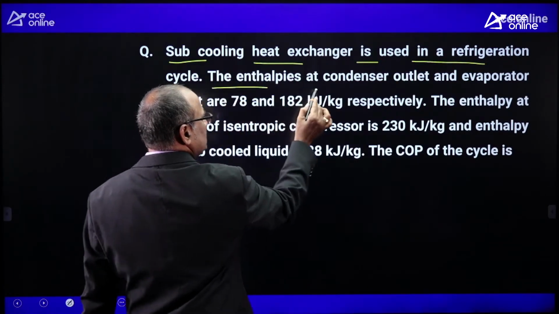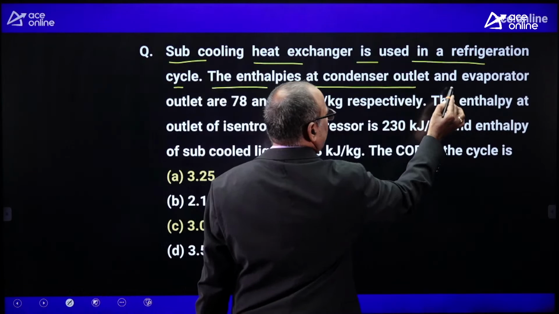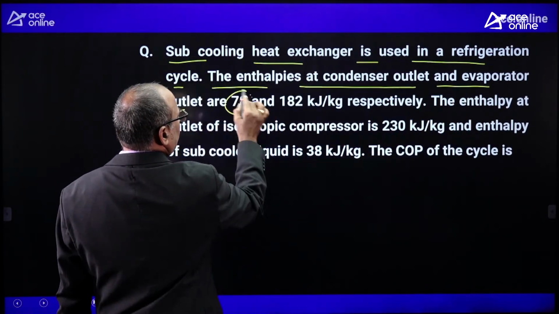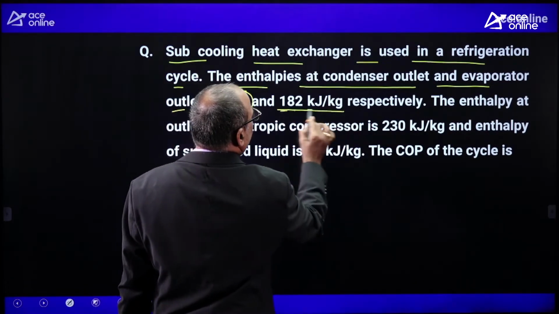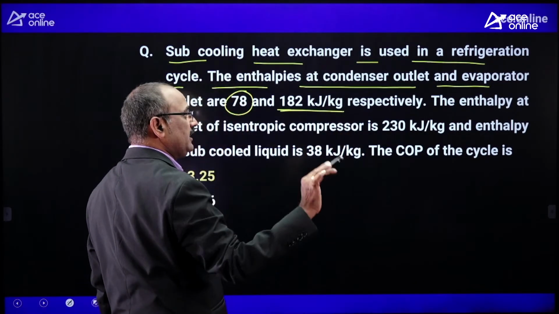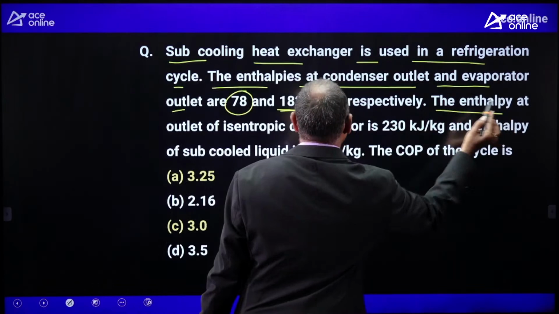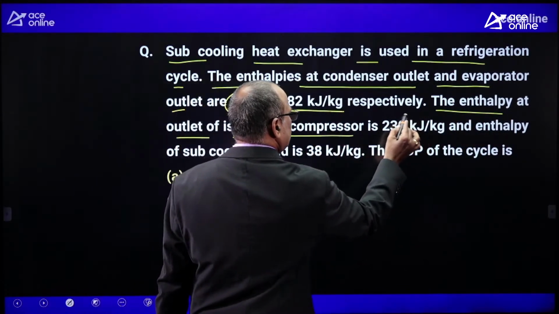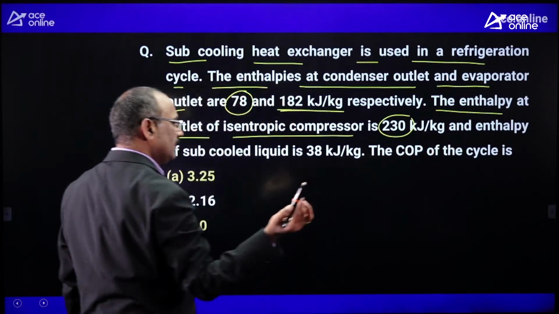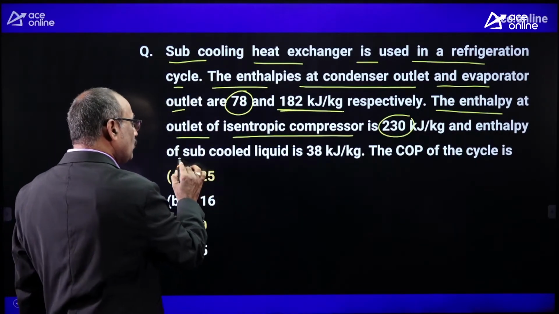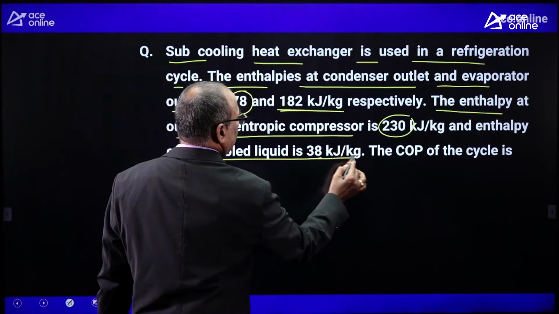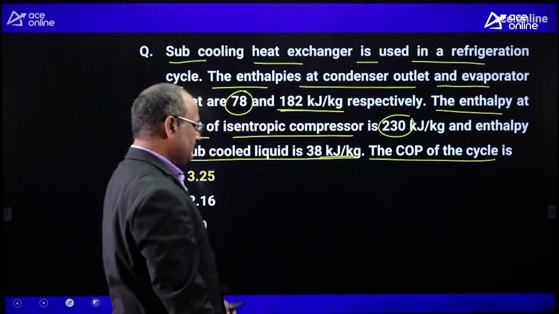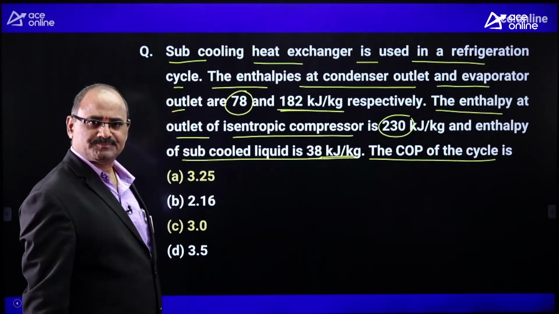The enthalpies at condenser outlet and evaporator outlet are 75 and 182 kilojoules per kg respectively. The enthalpy at the outlet of isentropic compressor is 230 kilojoules per kg and enthalpy of subcooled liquid refrigerant is 38 kilojoules per kg. The COP of the cycle is, different options are given.